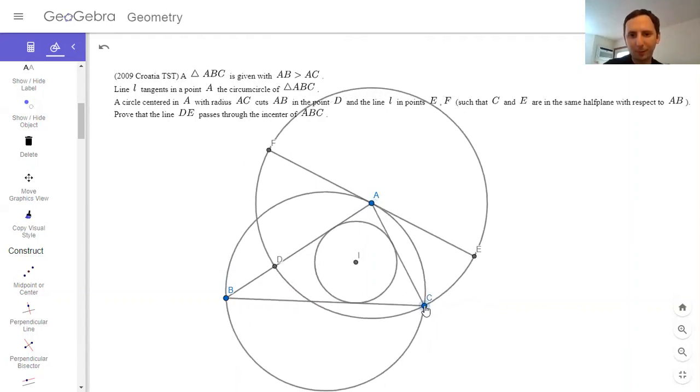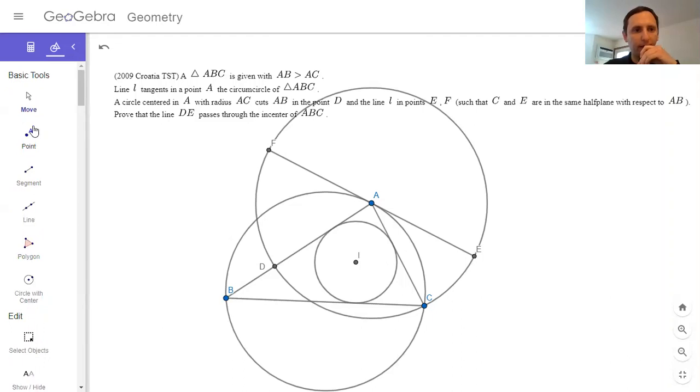This looks like such a simple problem, doesn't it? This looks like an easy angle chase. Yeah. I wonder if CI and G are collinear.